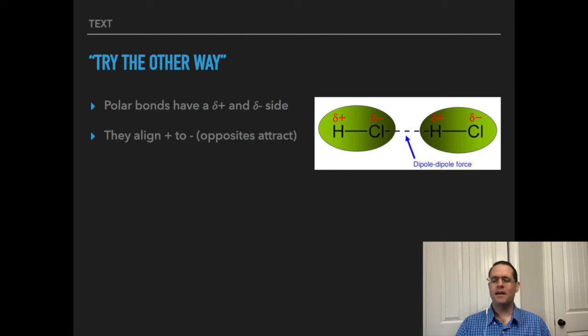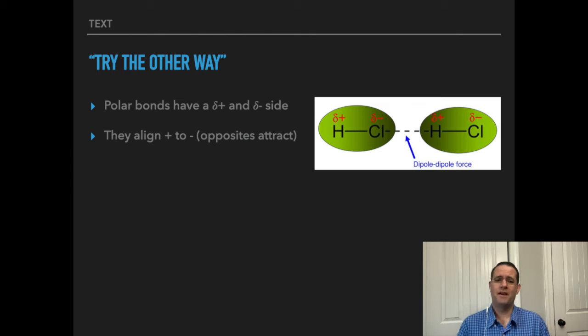We have the hydrogen, which is less electronegative, labeled as delta plus, and the chlorine is more electronegative, and that's labeled as delta minus. And we're putting two of these molecules close together so that the delta minus of one molecule is being attracted to the delta plus of the other molecule, okay? So you could think of that as two train cars stuck together by magnets.